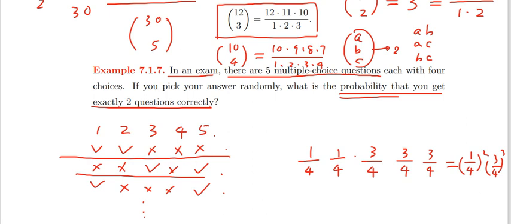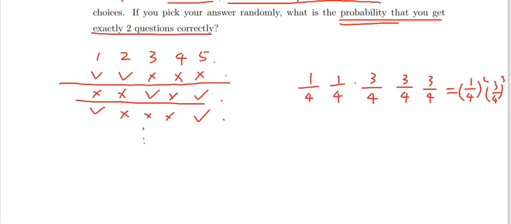So we have this problem: how many such cases are there? We have 5 questions. How many cases are there where you can get 2 correct? Among those 5, we just pick 2 of them.